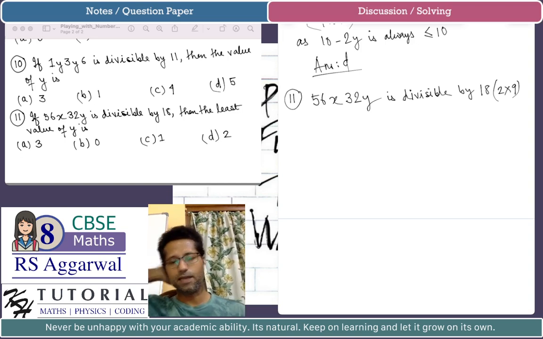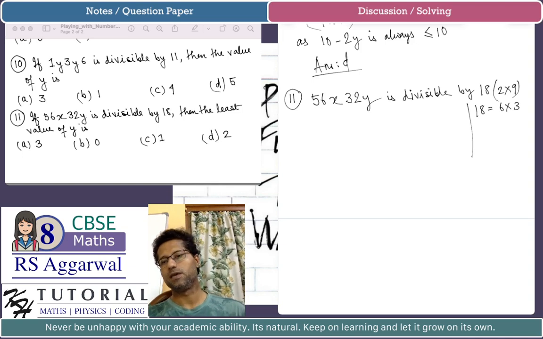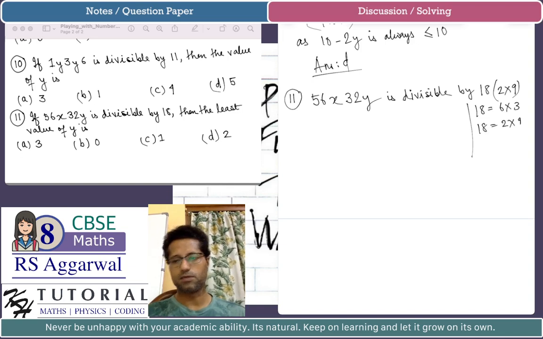If you factorize 18 as 6 and 3, then obviously 6 and 3 have a common factor of 3. But 18 equals 2 into 9 does not have any common factor.